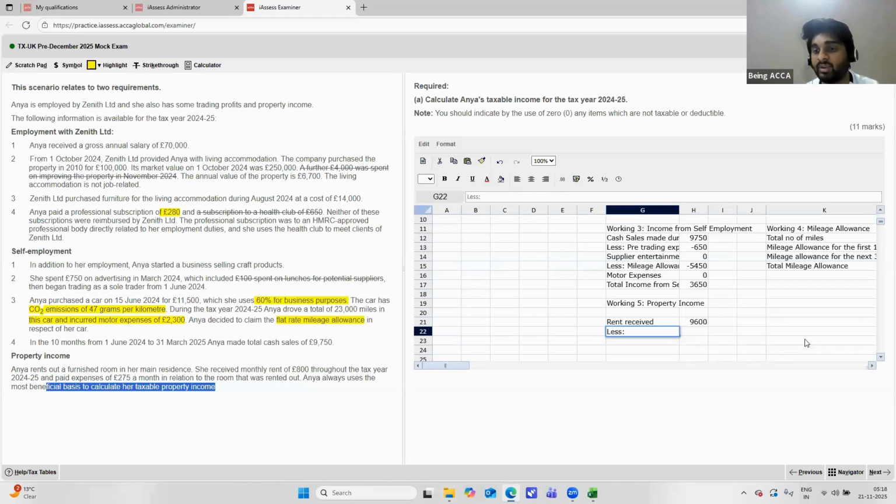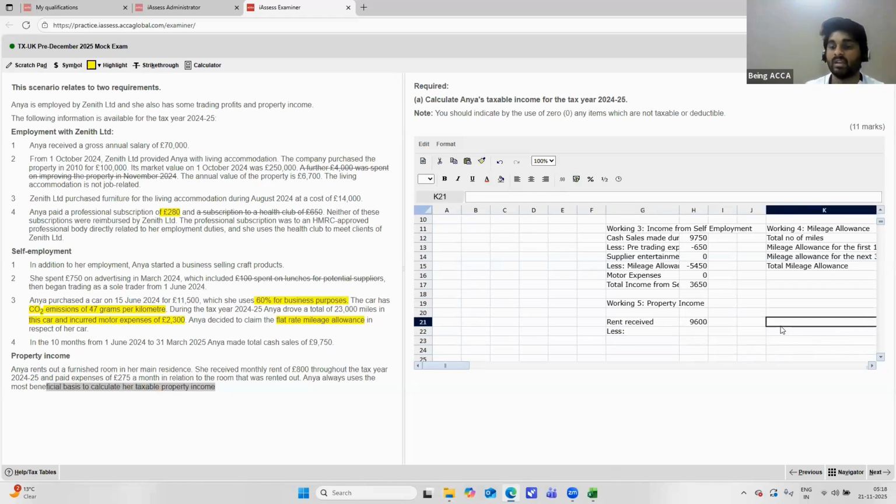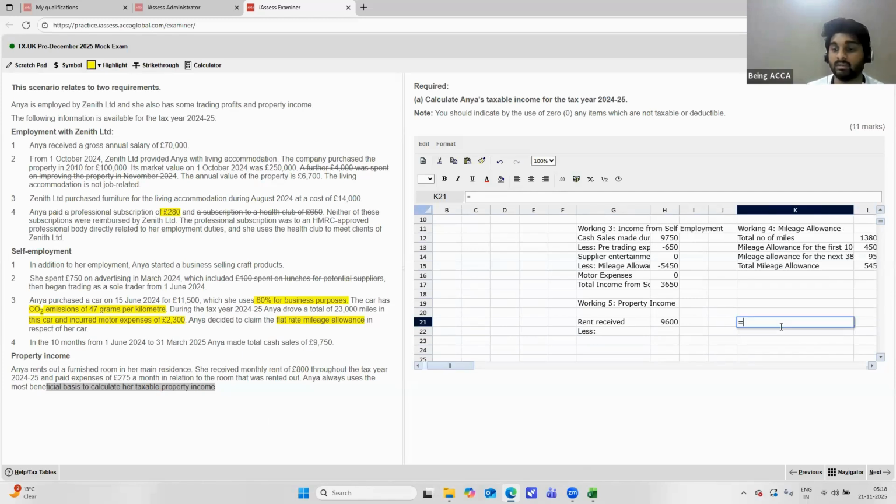So here for rough purposes we can calculate the total monthly expenses are 275, so 275 into 12. As we can see, the deduction that she will be getting if she uses the expenses is only 3,300. So we will be deducting rent a room relief of 7,500, less rent a room relief, minus 7,500.